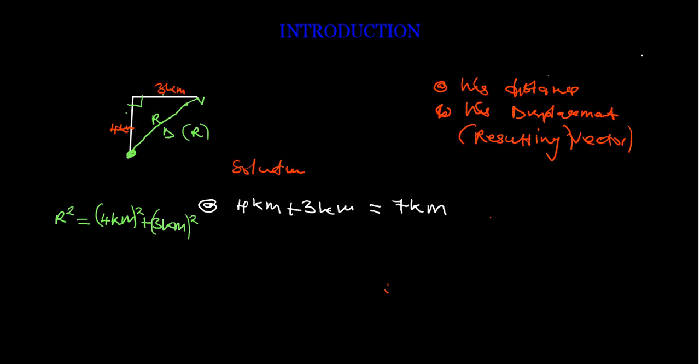So R, which is the resultant or the displacement, equals the root, because you have cancelled the square. So you introduce the root like that. Then let me just square from there. So this will be 16 kilometer plus what?